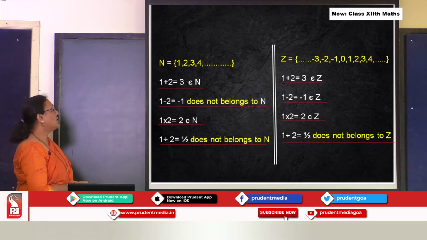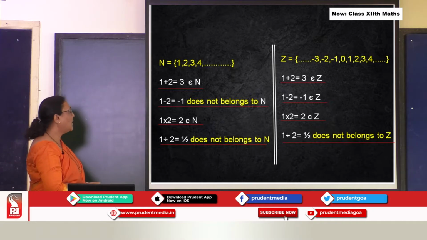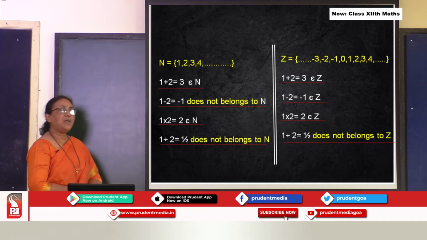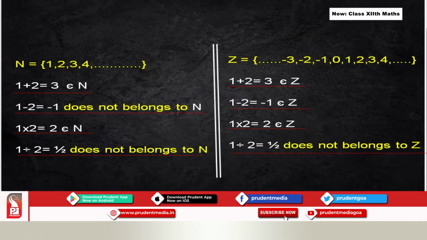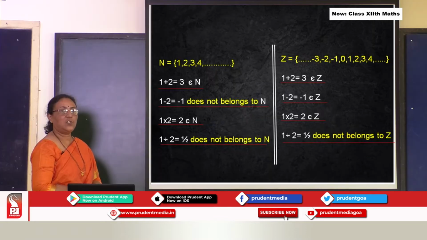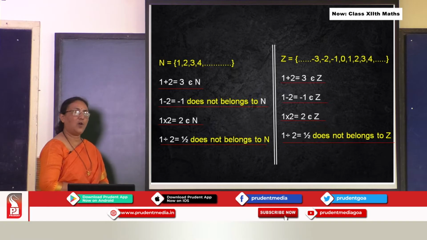Now see a second example I am taking here: 1 minus 2 equals minus 1, and minus 1 does not belong to the set N. Therefore, minus is not a binary operation in the set of natural numbers.